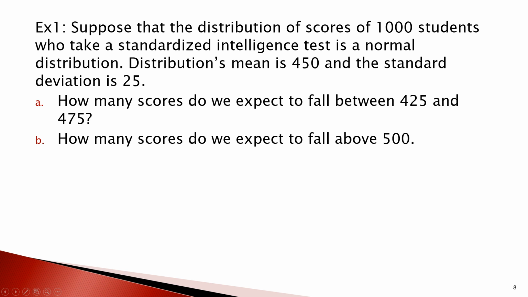Now, 425 is one standard deviation below the mean, which is 450, and 475 is one standard deviation above the mean. So this interval is nothing but one standard deviation below and above the mean.